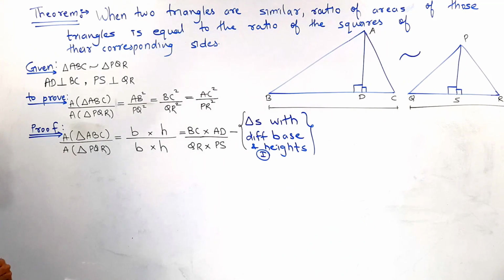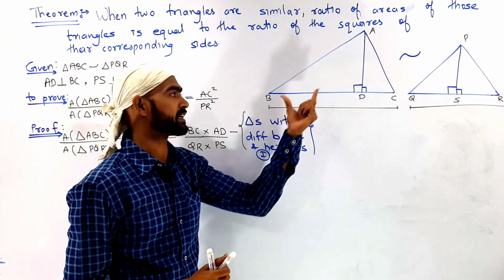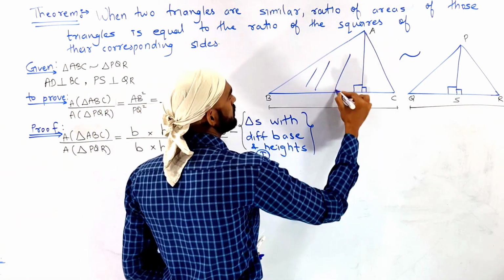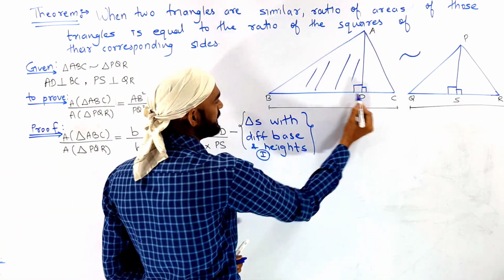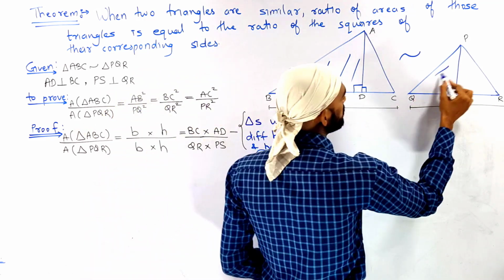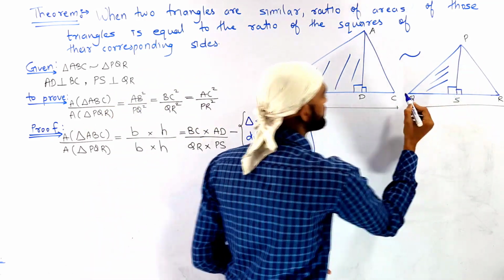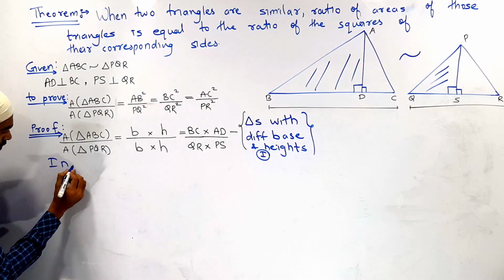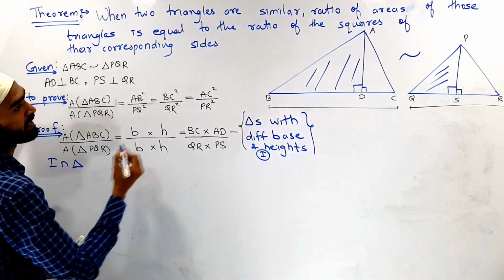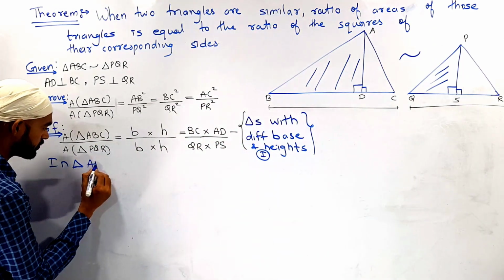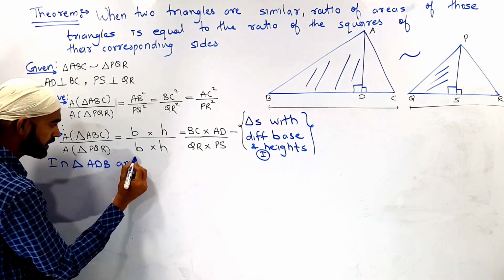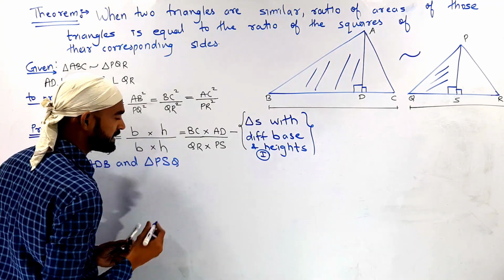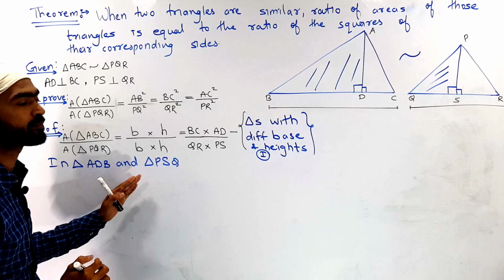Clear this much? Now next we'll select another two triangles. This time we'll select this triangle ADB and this triangle PSQ. Let us start. In triangle ADB and another triangle PSQ, first we need to prove them similar.